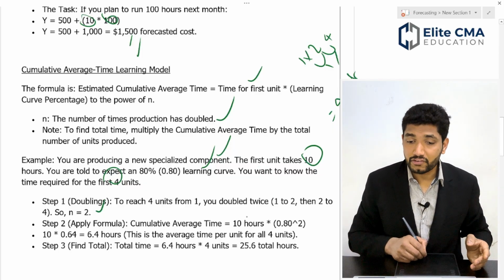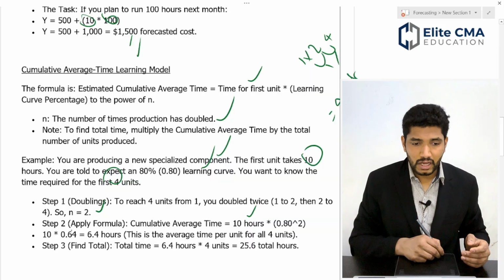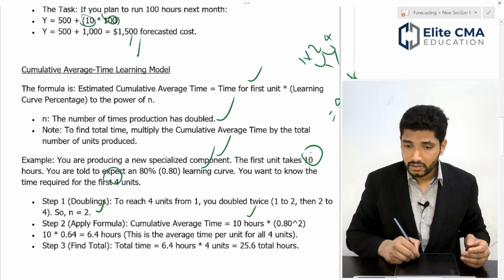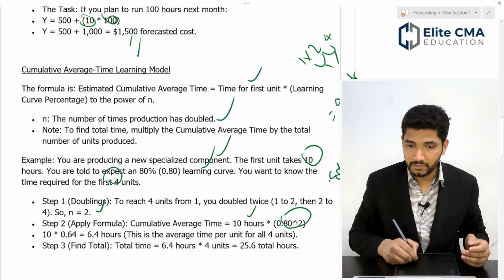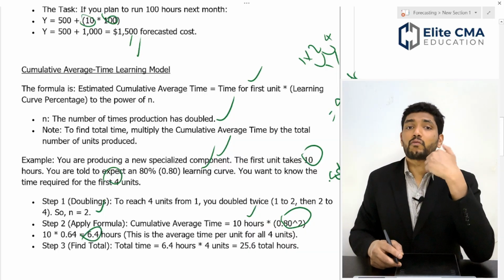That means 10 hours times 0.8 squared. So how do we solve this? It is 0.8 times 0.8, that means 0.64. 10 times 0.64 is 6.4 hours. This is for 1 unit.